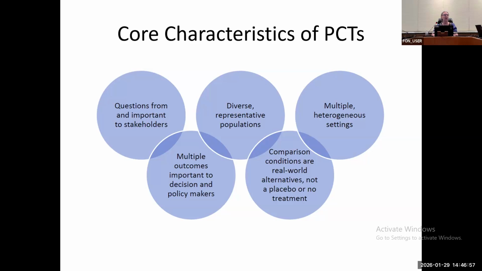What do the patients care about? You're looking at diverse, representative populations. And what you're doing is looking at real world conditions, not placebo or no treatment. So it's usual care. And then usually you're looking at multiple and heterogeneous settings.